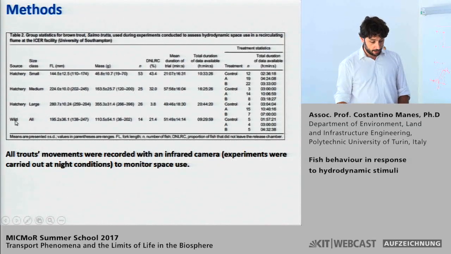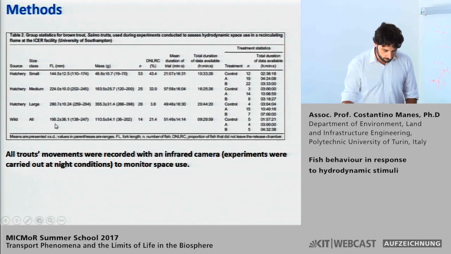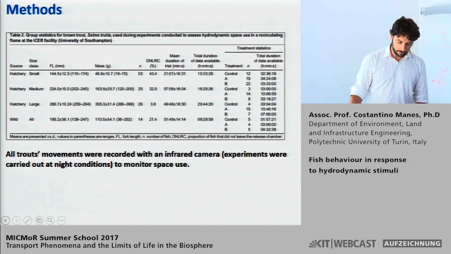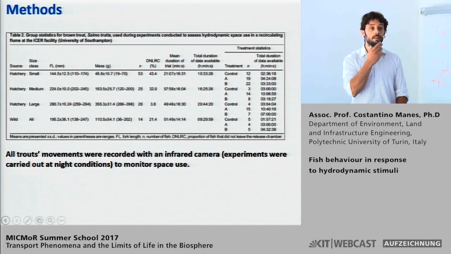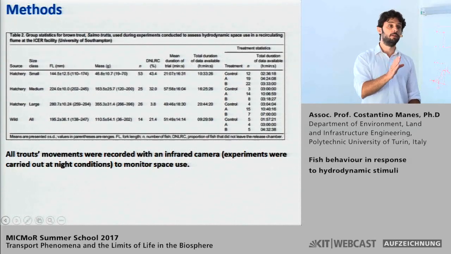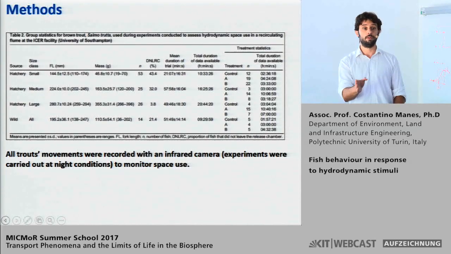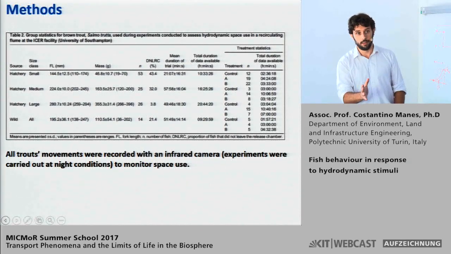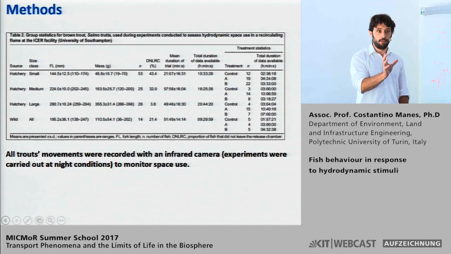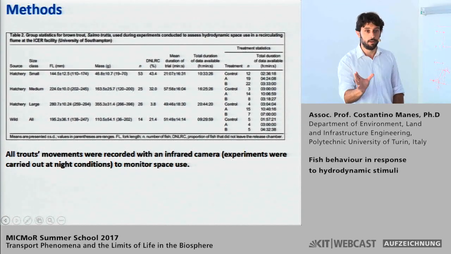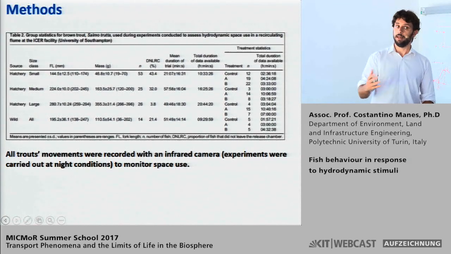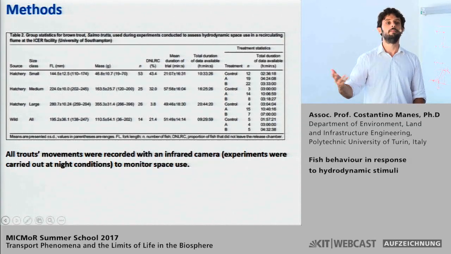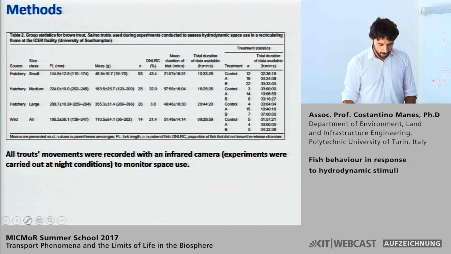We also caught some wild trout in the field, which were mixed in size, about 19 centimeters plus or minus 3.6, essentially. We wanted to have both hatchery trout and wild trout to see if the hatchery results were aligning with wild trout results, so that any result we got was not just a result of being grown in a hatchery, okay?